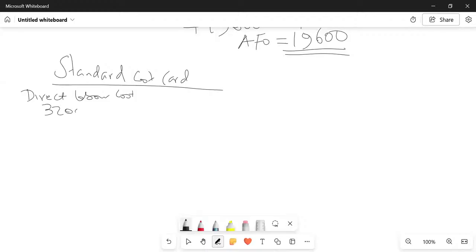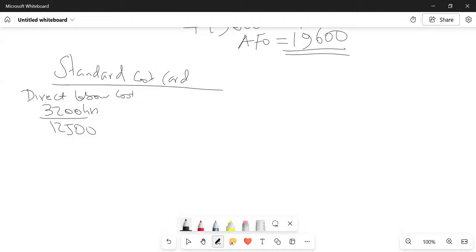So 200 hours. And these hours are for producing how many kilometers in the budget? 12,500. So divided by 12,500, to get the labor hours, what we call SH per unit.